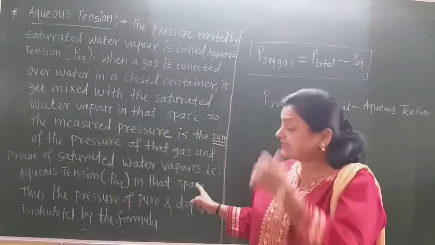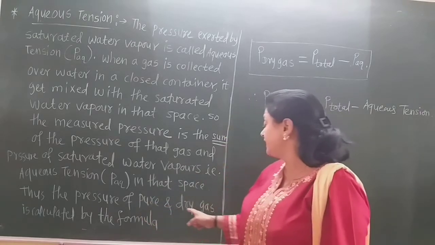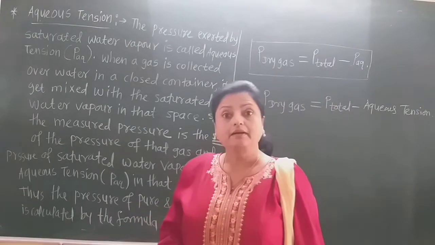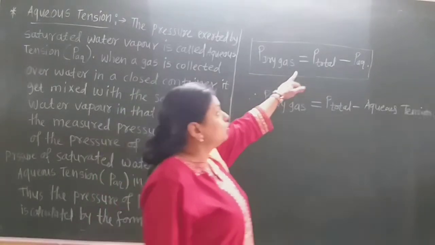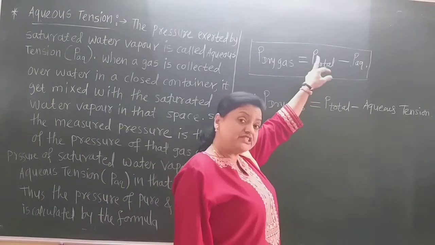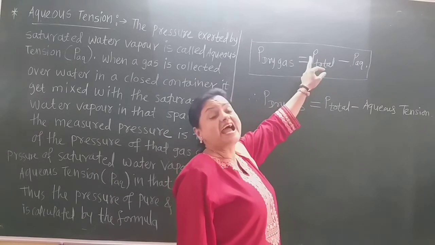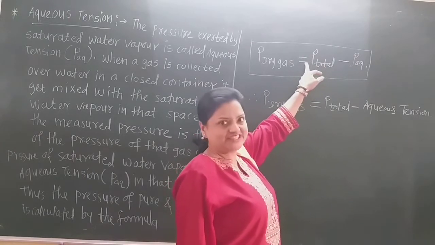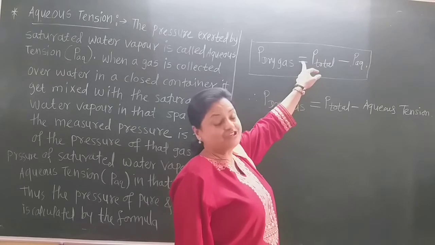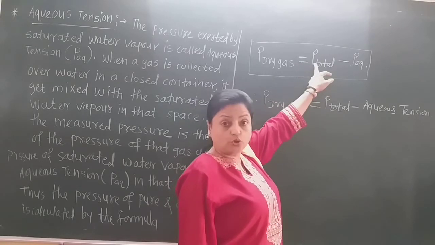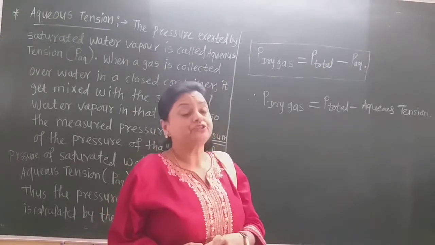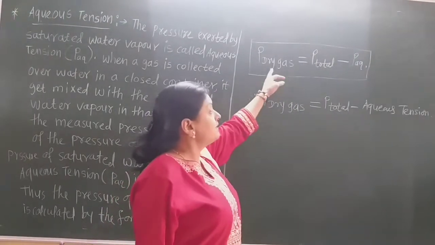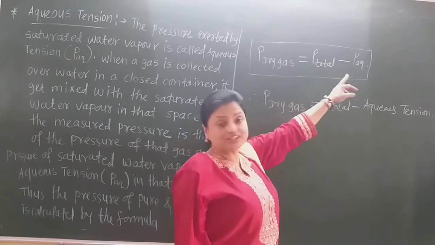Thus the pressure of the pure and dry gas is calculated by the formula: pressure of dry gas is equal to total pressure, which is the pressure of that gas and the aqueous tension, the pressure due to the saturated water vapor. So if we want to calculate the pressure of only dry gas, the pressure of dry gas is equal to P total minus P aqueous.